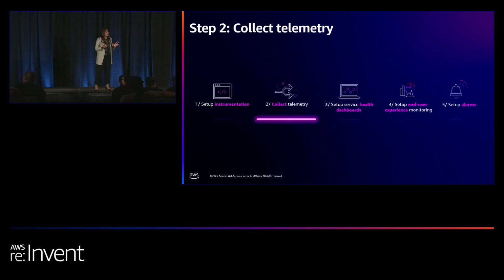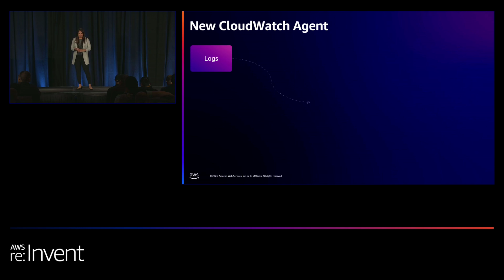Now, step one was elaborate, but it's extremely foundational, and it's really important to pay attention to the strategy that you're following. But collecting this telemetry has also become easier. Without collecting, we don't have visibility. So let's talk about this a little bit.